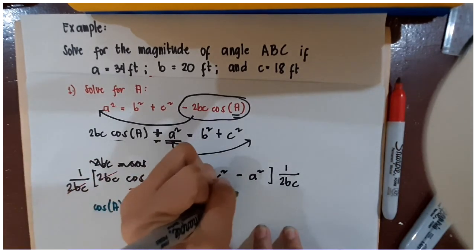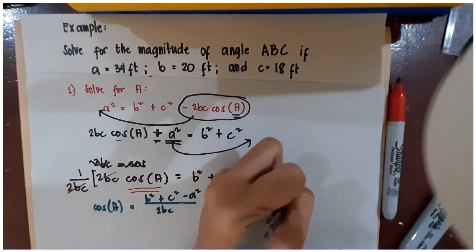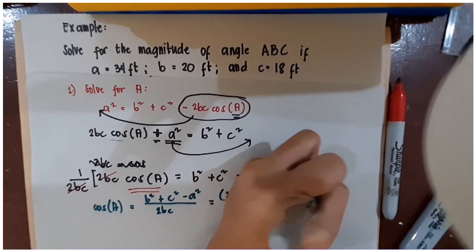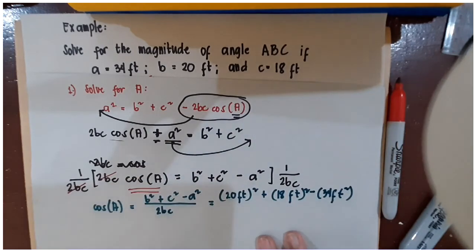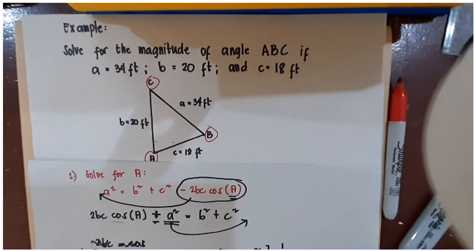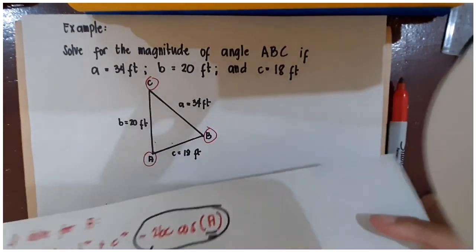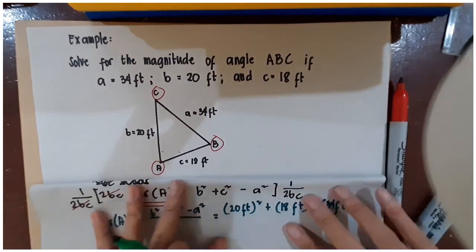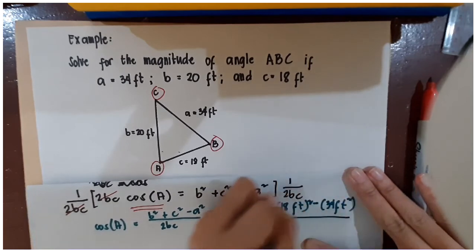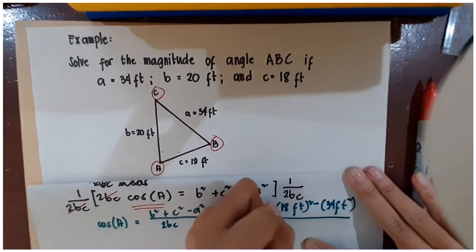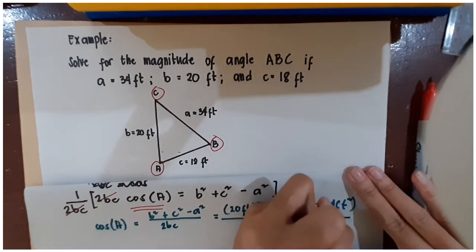You have 20 feet squared plus 18 feet squared minus 34 feet squared, divided by 2 times 20 feet and 18 feet.